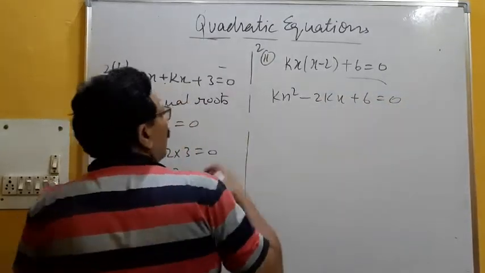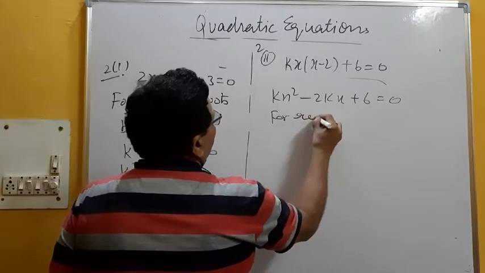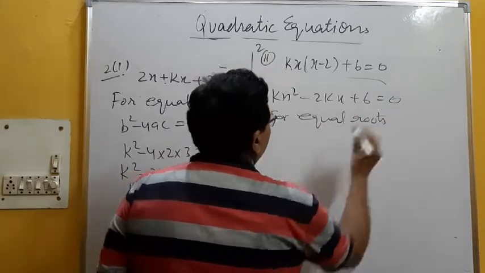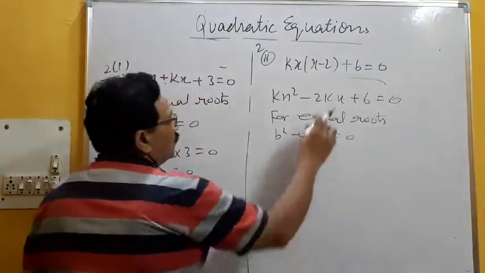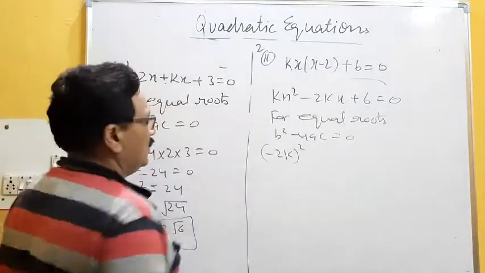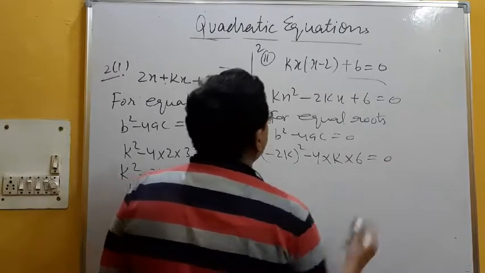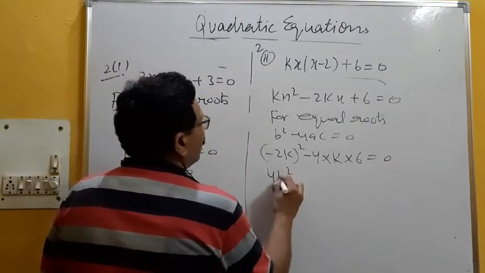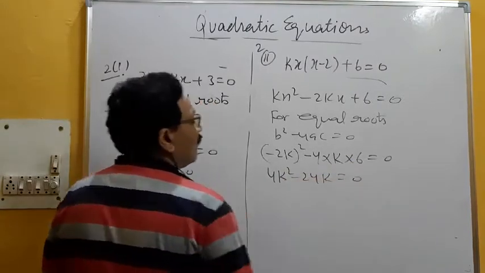So now for equal roots, you get b square minus 4ac is equal to 0. So your b is minus 2k, square, minus 4 into k into 6 equal to 0. So what you get? 4k square minus 24k equal to 0.